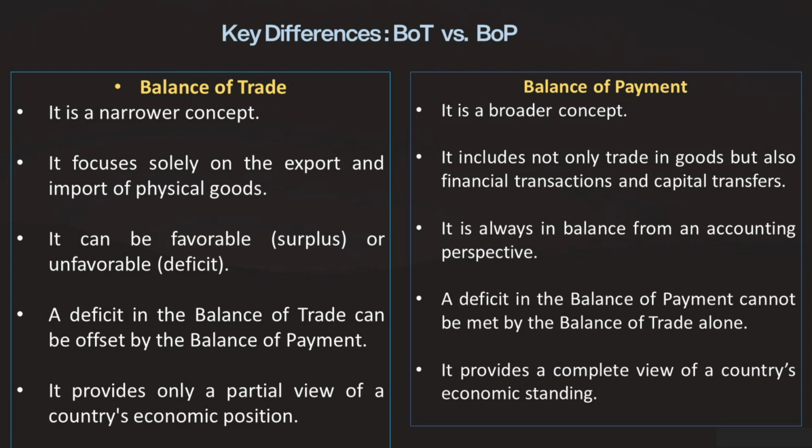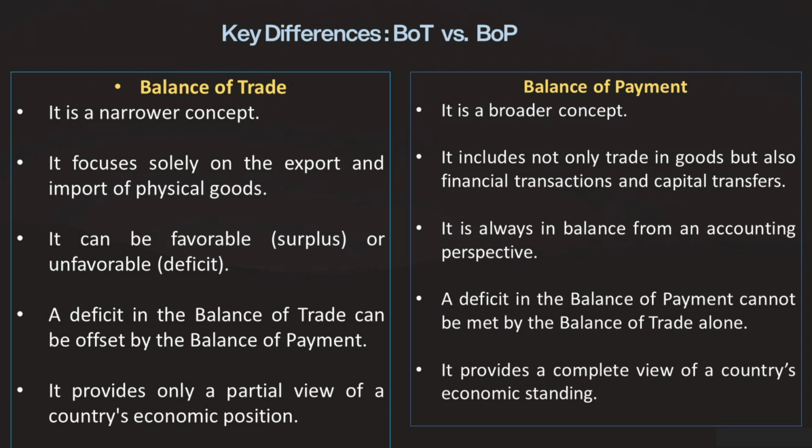In case of balance of payment, it includes not only trade in goods, but also financial transactions and capital transfers, which are not included in balance of trade, because balance of trade includes only physical goods.